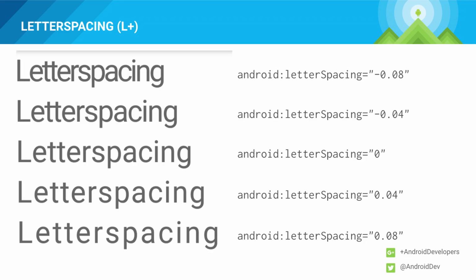Another feature that I think is a really powerful tool for bringing more sophisticated design to apps is control over letter spacing. There's a default letter spacing. It's really tuned for legibility. People are getting information on their phone. They need to be able to read it quickly.